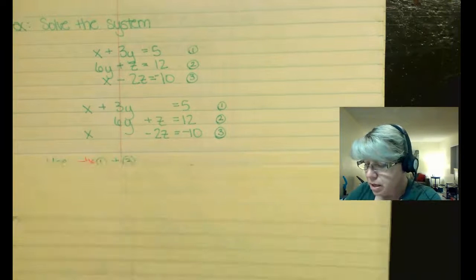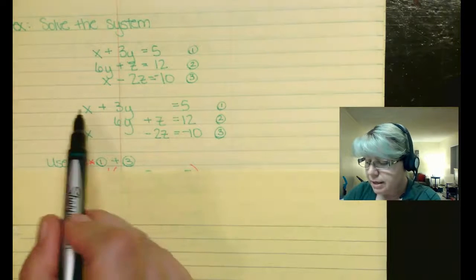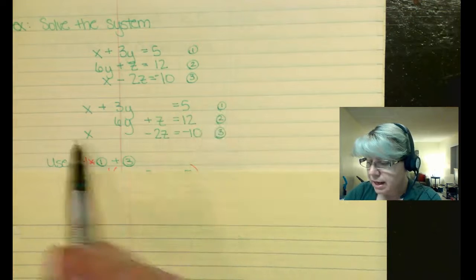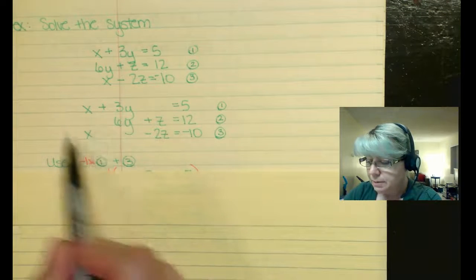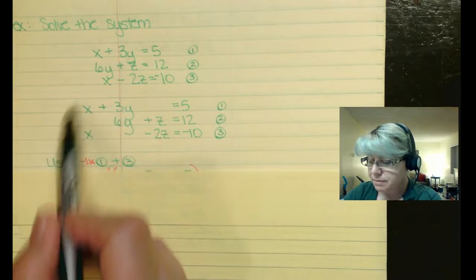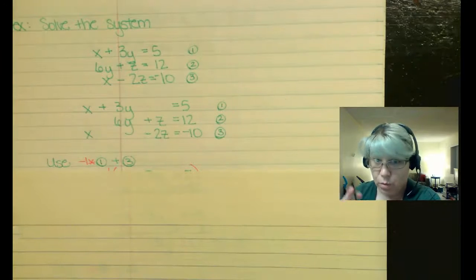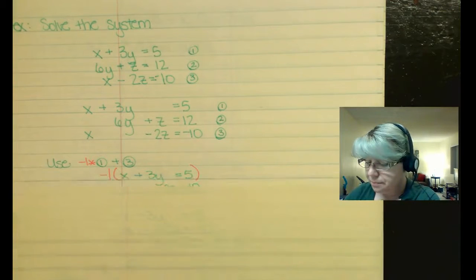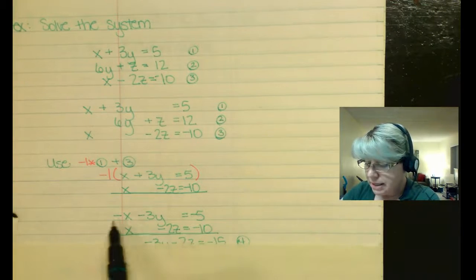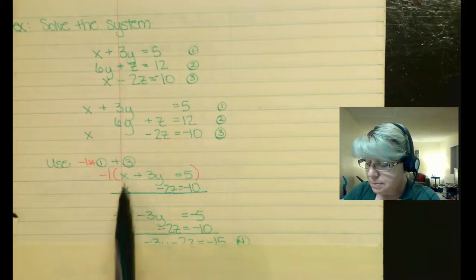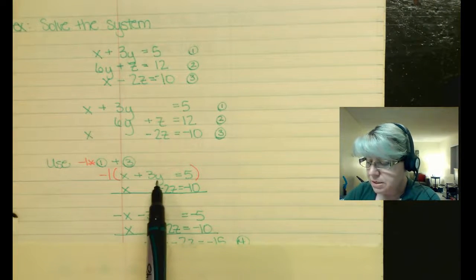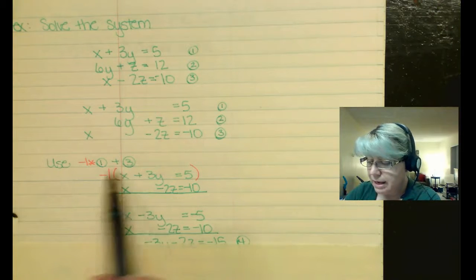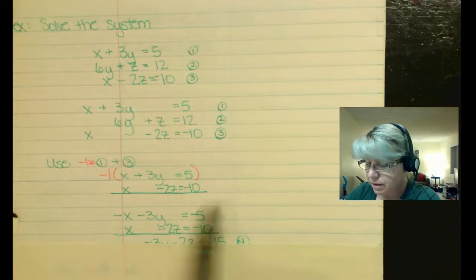If I multiply negative 1 by the first one and add it to the third one, I can eliminate the x's. I will create a fourth equation. So that's going to be negative x. Negative 1 times x is negative x. Negative 1 times 3y is negative 3y. And negative 1 times 5 is negative 5.